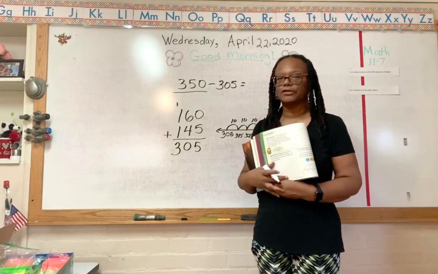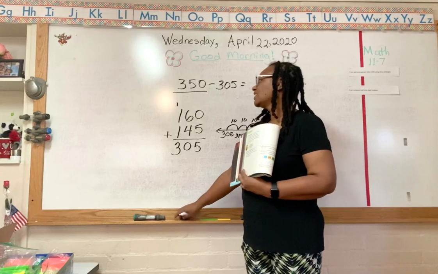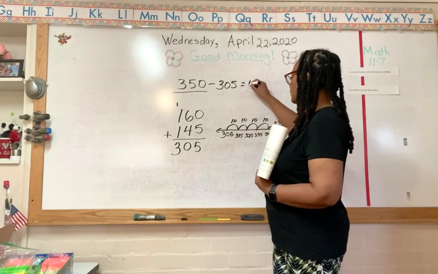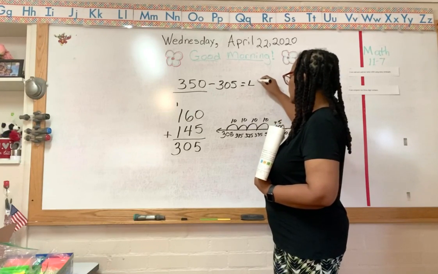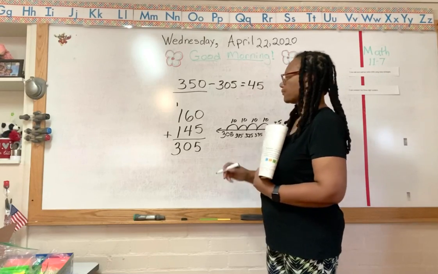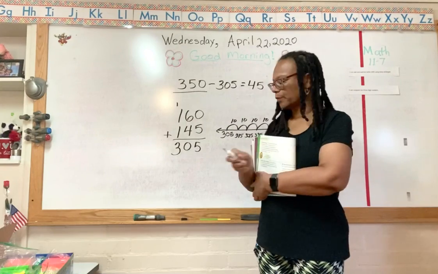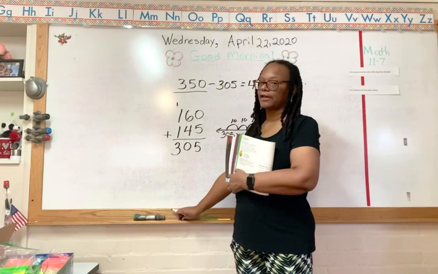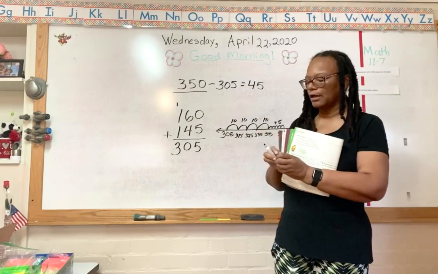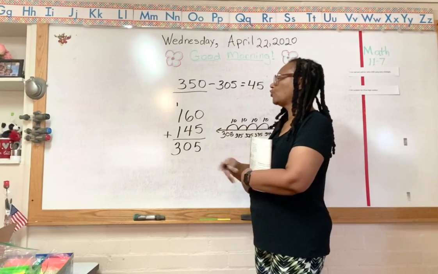So those are two different ways that you could use to solve that problem. Both ways, your answer would be 45. Now this is called a two-step word problem because you had to add first before you could subtract, or you could just subtract twice.